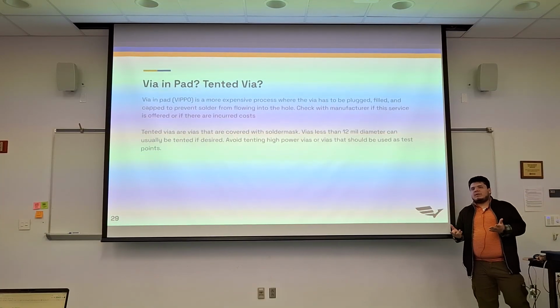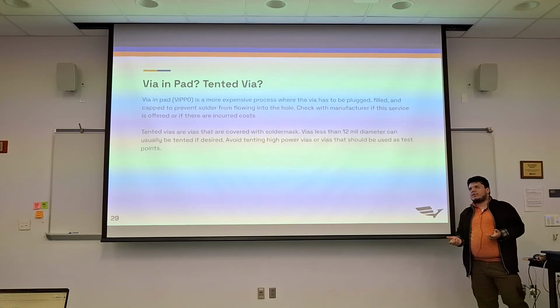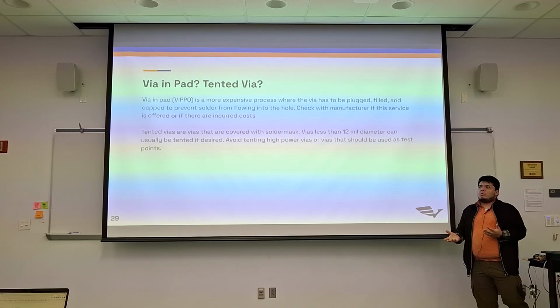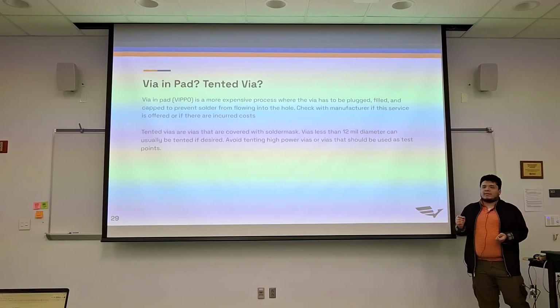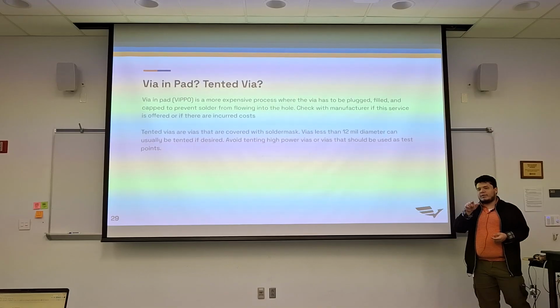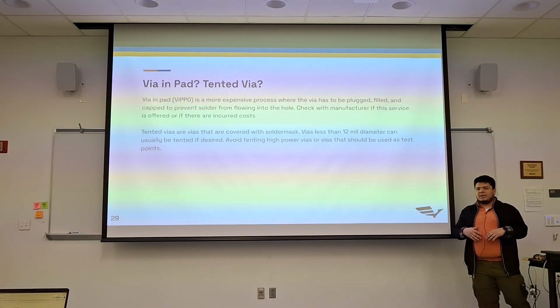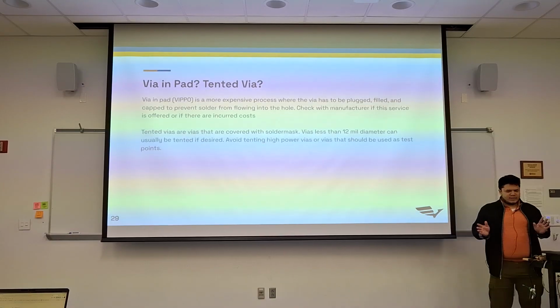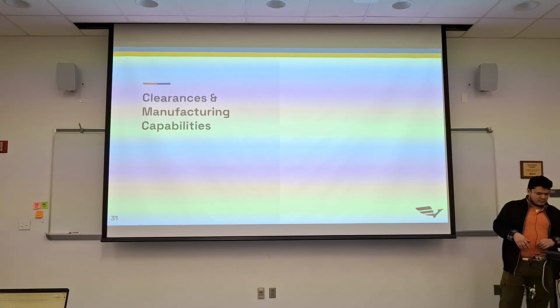Tented vias, good if you have a lot of silkscreen. But also, if you want to probe in and test the board, maybe don't tent the vias. And there's literally just a button that you can choose to tent the via, either in the top or in the bottom. It does solder mask almost automatically, so you don't have to worry too much.